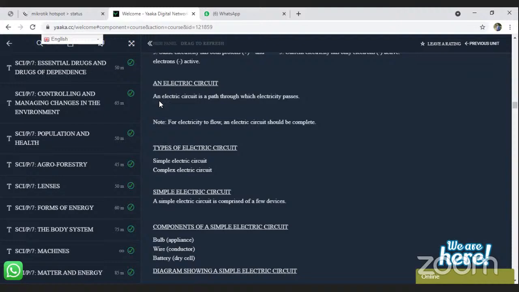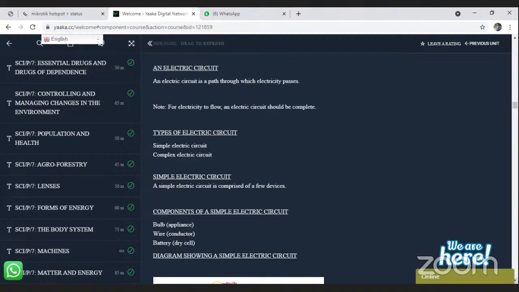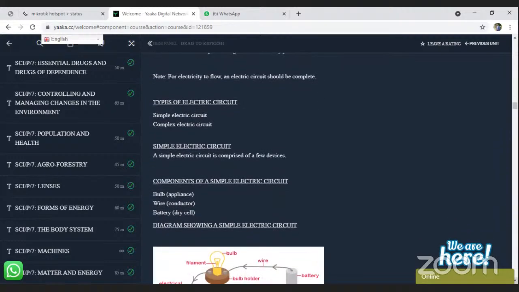As simple as that. When you continue, you'll realize that there are types of electric circuit. Can you mention these? We have the simple electric circuit and the complex electric circuit.